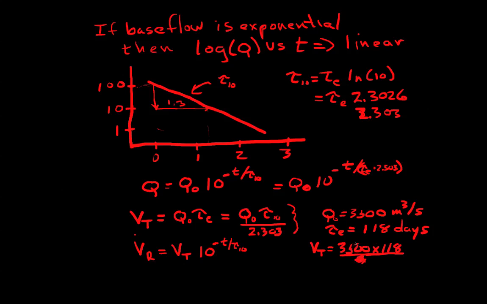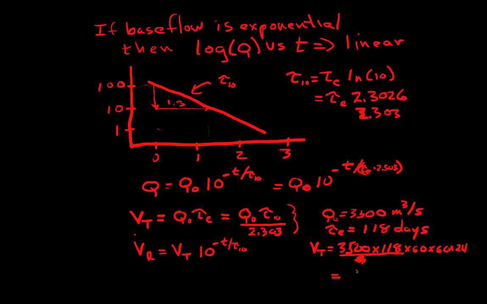Okay, but 3,500 is in cubic meters per second, and we're multiplying that by days. So we need to turn days into seconds. There are 60 seconds in a minute, 60 minutes in an hour, and 24 hours in a day. So at this point I have converted 118 days into seconds and multiplied that by 3,500.